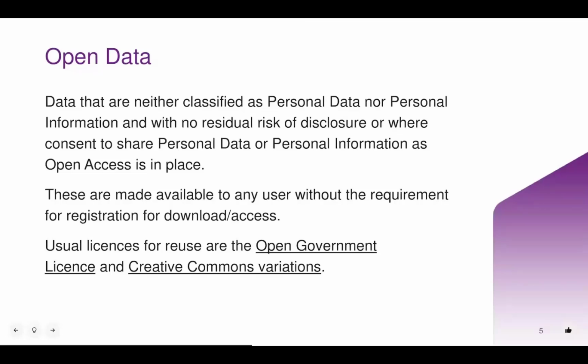So as we see on this slide, open data: this license is for data that are not classified as personal data, they are not personal information, and they carry no residual risk of disclosure. To access open data, there is no need for registration. Anyone can just search the data, find the data, and download them immediately. The most common licenses used for open data are the Open Government License and the Creative Commons licenses.